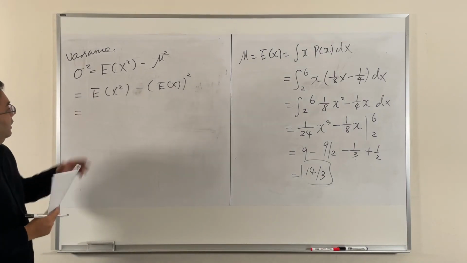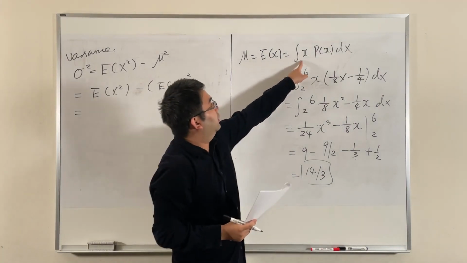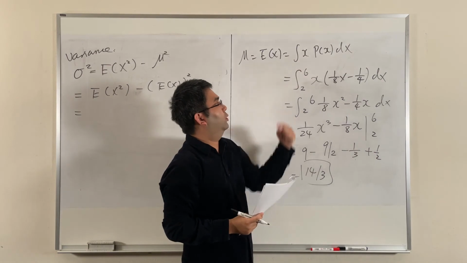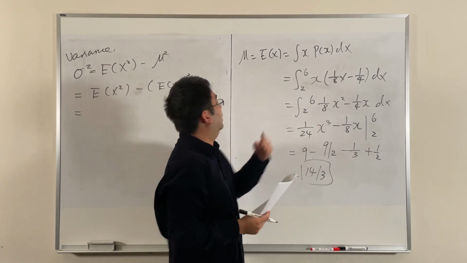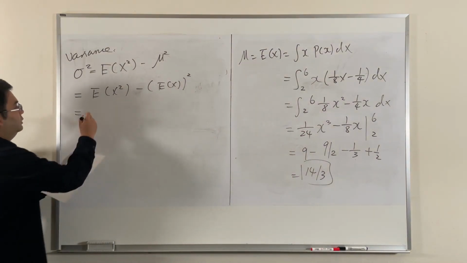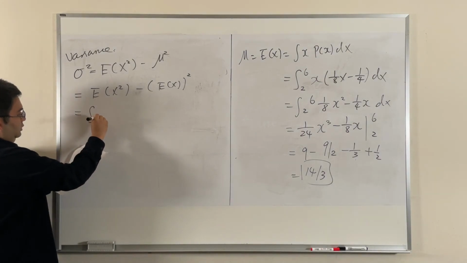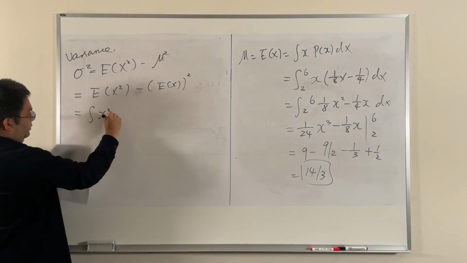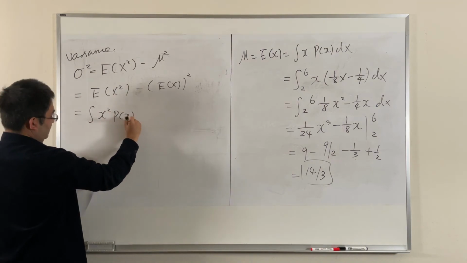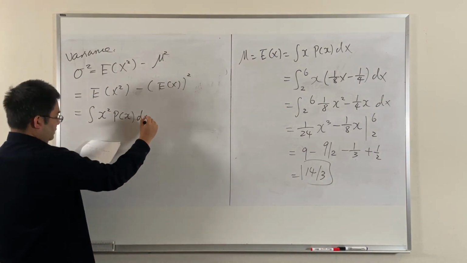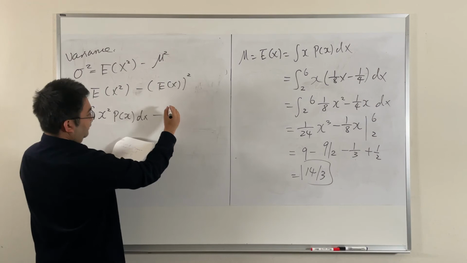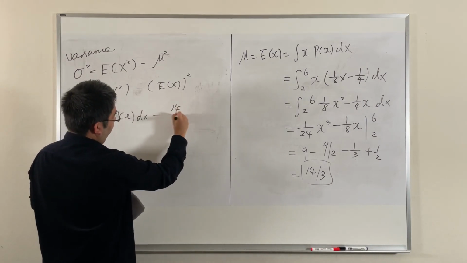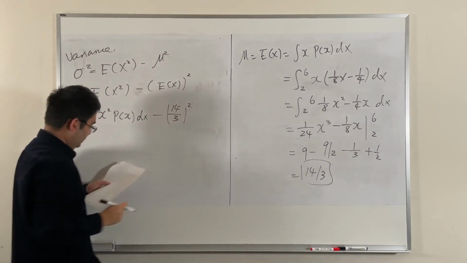So now, instead of the integral of x, we're looking at the integral of x squared. In this case, it equals the integral of x squared times the PDF dx minus this value we got, 14 over 3 squared.